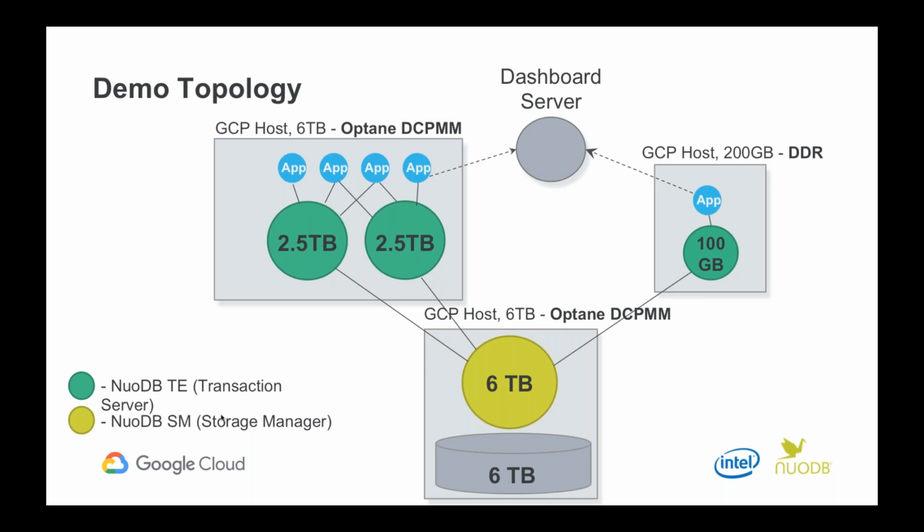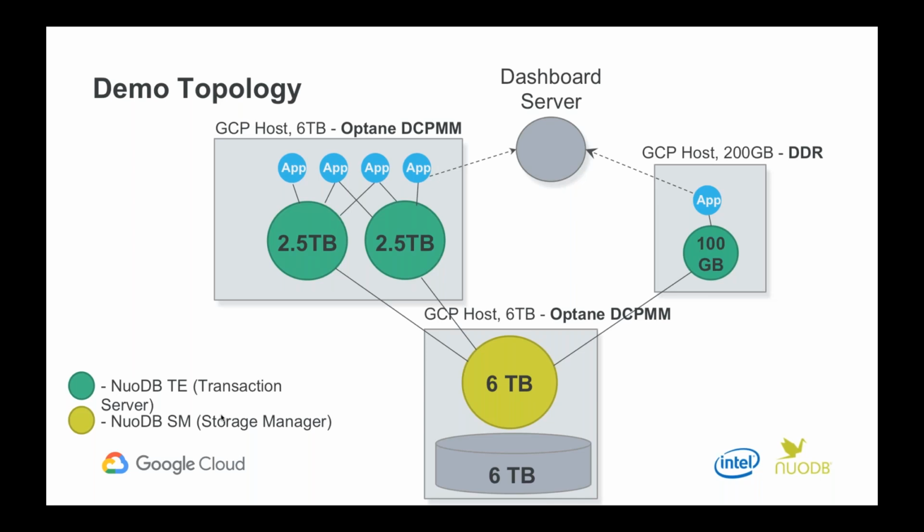in terms of the hosts and where the database servers are deployed. You can see the two boxes on the left side representing the Google Compute Engines, which have 6 terabytes of Optane memory configured with them. The box on the left and the box on the bottom house database servers.